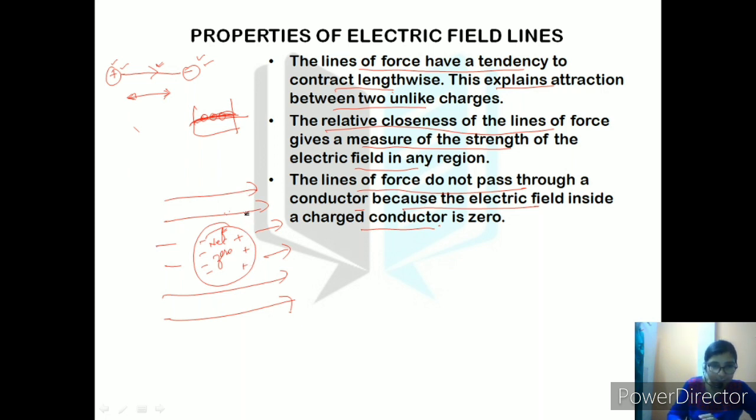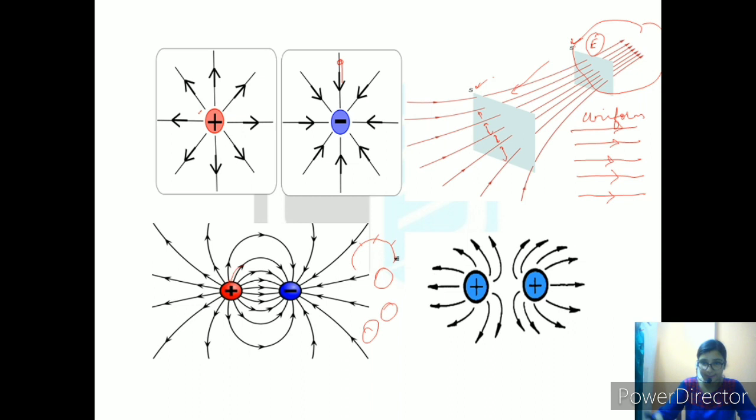When we place it in the electric field, charges will move in different directions until the field inside the conductor becomes 0. So electric field lines cannot exist inside the conductor.